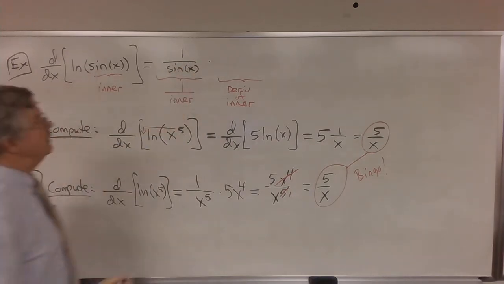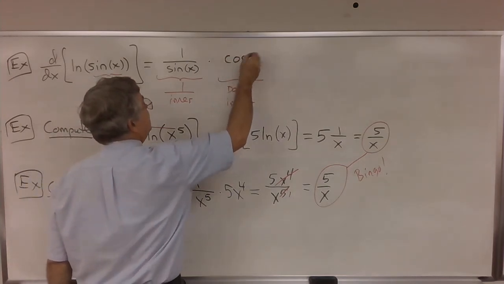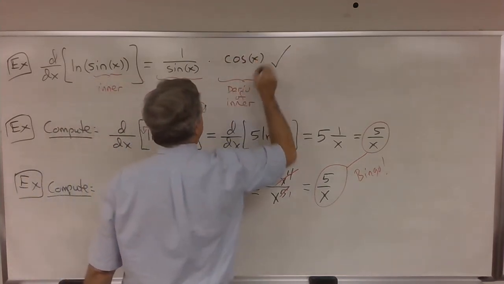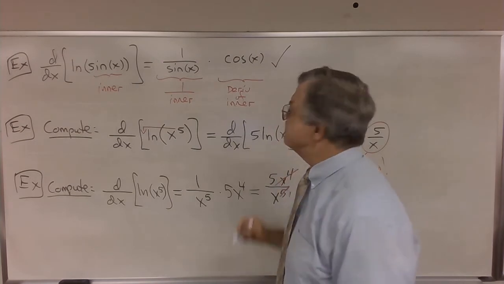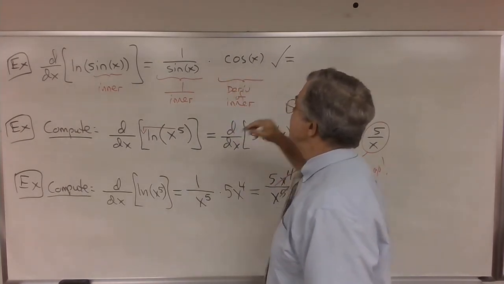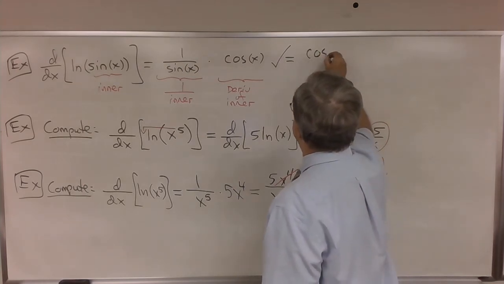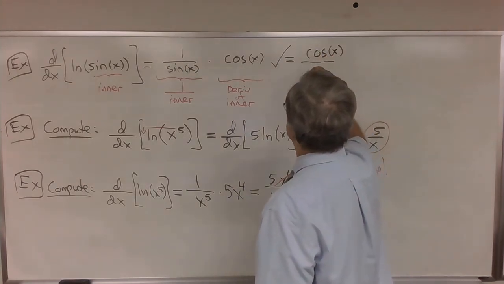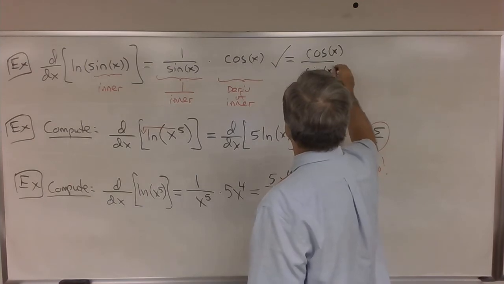Derivative of the inner function, cosine of x. And if we were to stop there, that would be fine. But suppose I do simplify this and just multiply these two things together. I'll get cosine of x over sine of x.